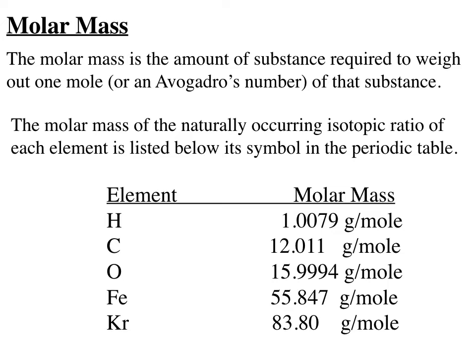A mole of oxygen, as you see, weighs 15.9994. A mole of iron atoms, to get an Avogadro's number of them, you would weigh out 55.847 grams. And then, of course, krypton, you see 83.80 grams to get an Avogadro's number of those. Now, first of all, why must you weigh out different amounts of them in order to get the same number of them?